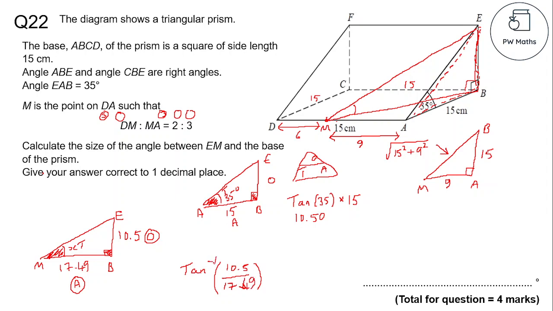Again, don't forget it's tan to the power of minus 1 because we're working out the angle. 10.5 divided by 17.49, giving me an answer of 30.97. I think to one decimal place, rather strangely, the 9 will round 30.9 up to 31, and you would need 31.0.